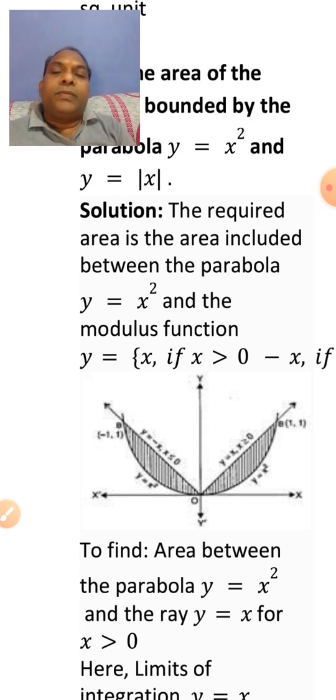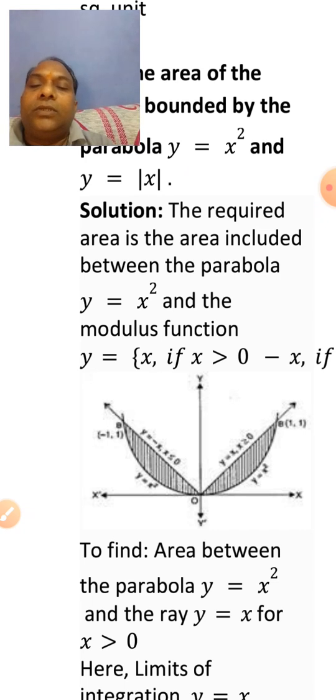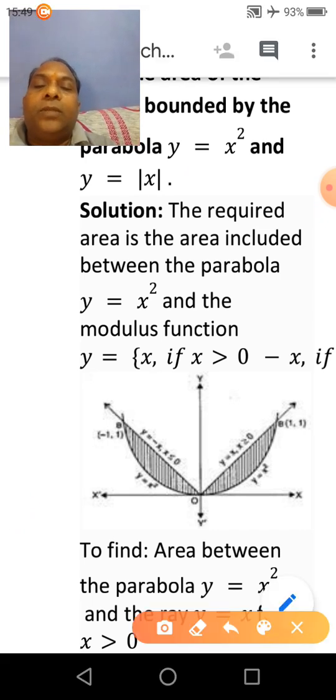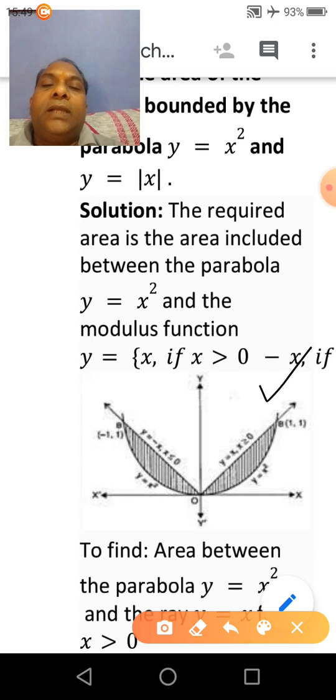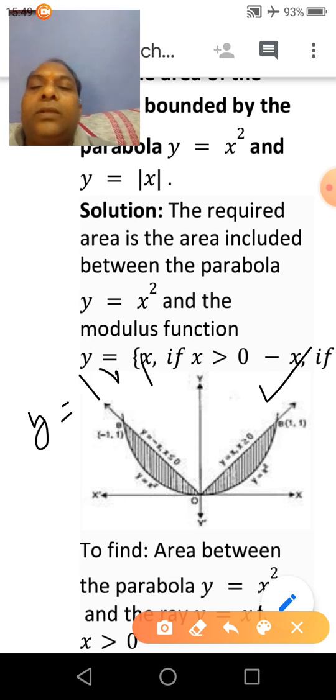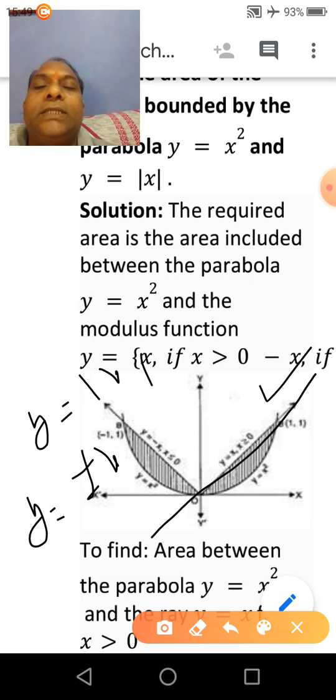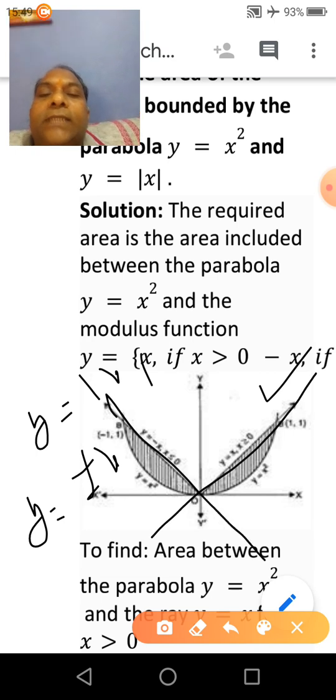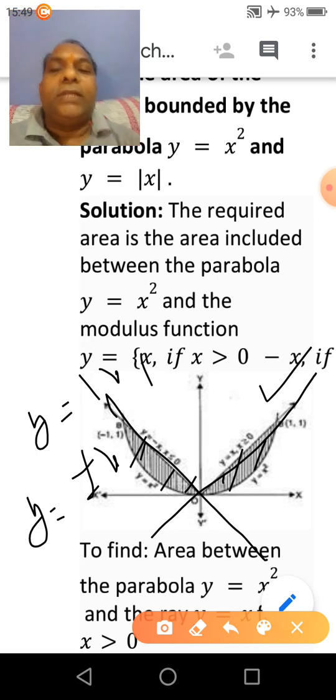This is the equation of a parabola whose axis of symmetry is the y axis. So plot the graph, and the line y is equal to mod x means y is equal to x and y is equal to minus x. Now see this portion. You have to find the area of the shaded region.